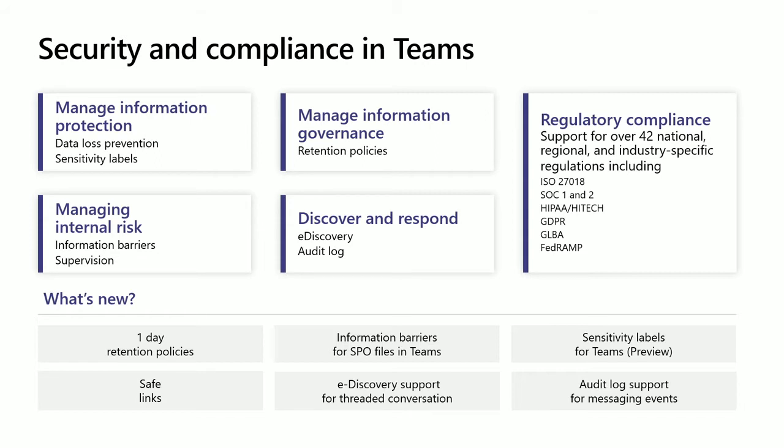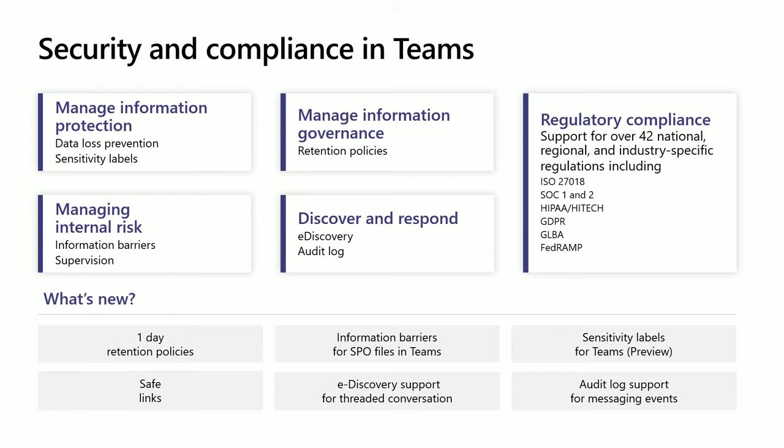The things that we have here on the slide, this is absolutely not an exhaustive list. This is just some of the key capabilities. And we have actually had updates in many of these areas in the last couple of months. For example, information barriers. Information barriers is a capability that many of you have been waiting for and that prevents internal teams from communicating with each other, so you can avoid conflicts of interest.